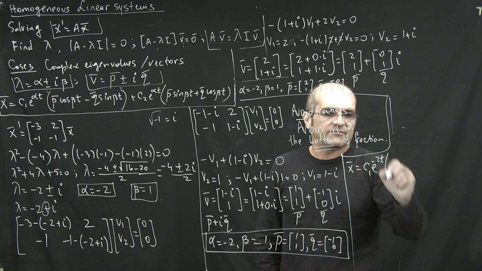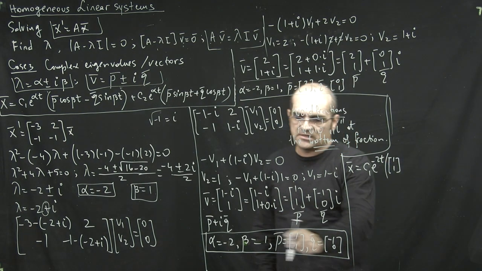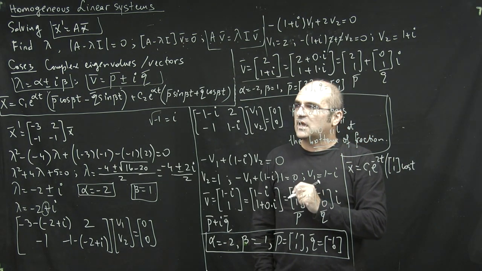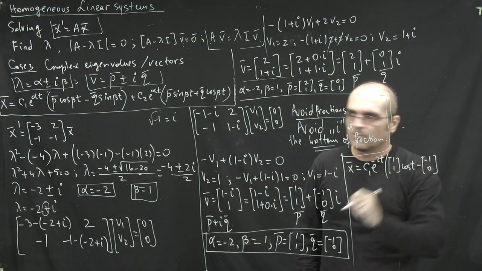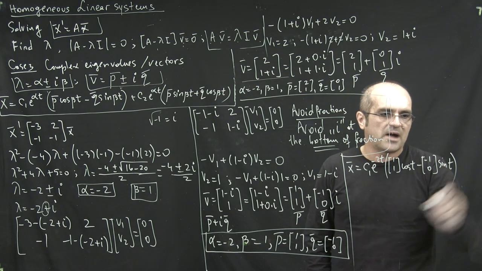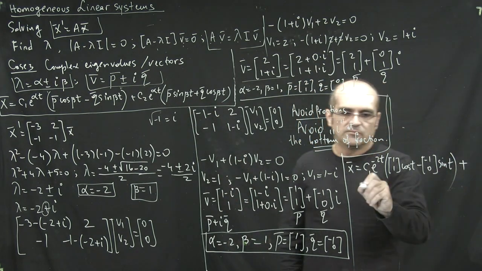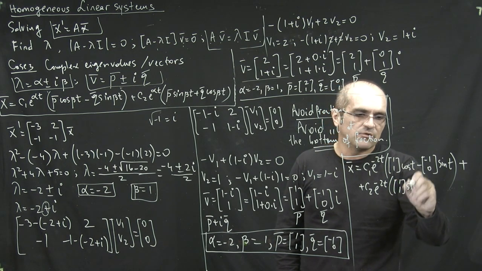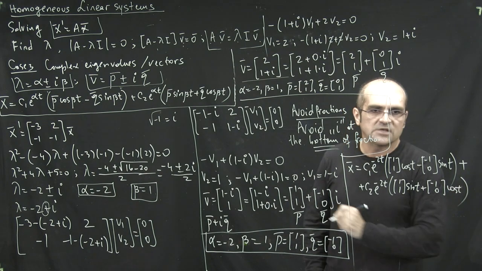So you have P bar, 1, 1, cosine of beta t, that's cosine of t, plus or minus Q bar, which is minus 1, 0, sine of t. We're going to write it nicely in the second part of the lecture. And then of course the second combination, which is plus C2 e to the minus 2t, 1, 1 sine of t plus minus 1, 0 cosine of t. Okay, so that's one way.